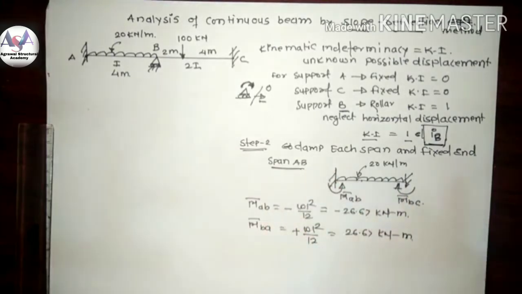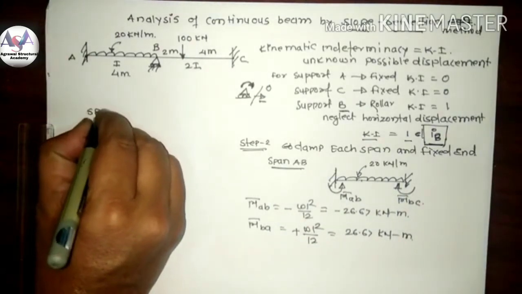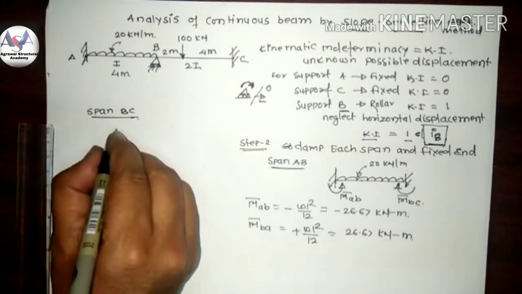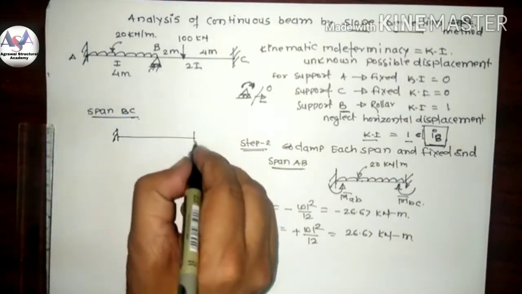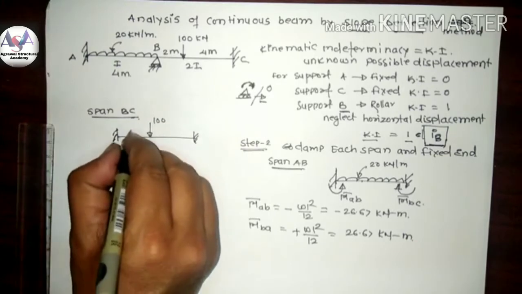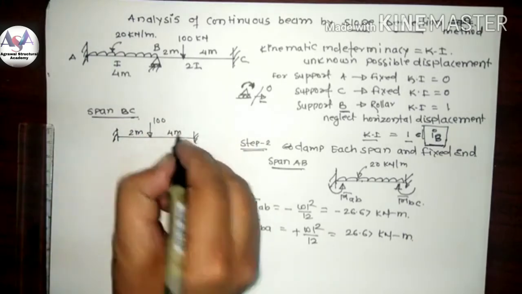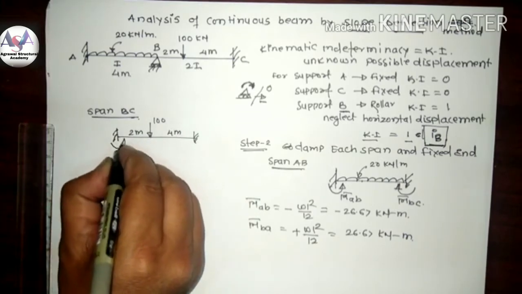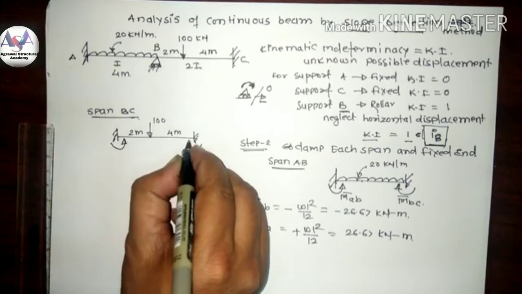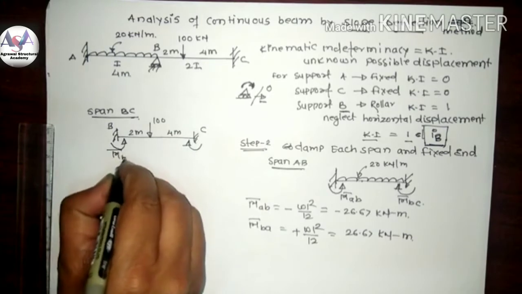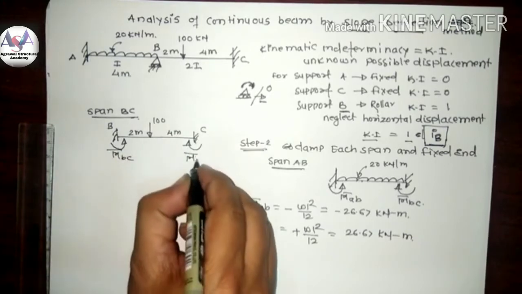Okay, we have found that. Then the span BC here. Again clamp both the ends, 2 meter and 4 meter. This point load, we know, creates hogging bending moment on both sides. This is B and this is C, so we call this M bar BC and this M bar CB.